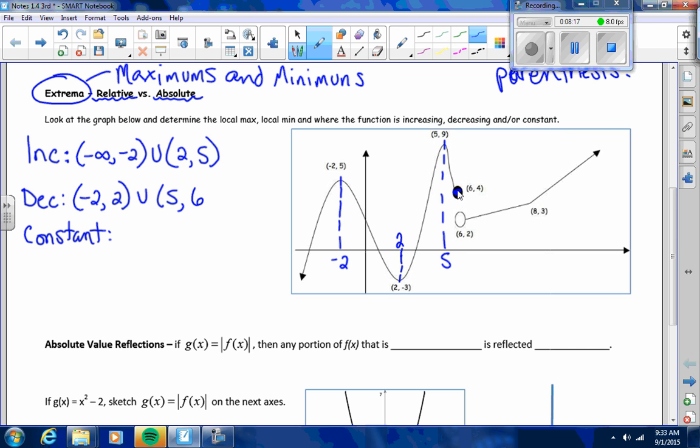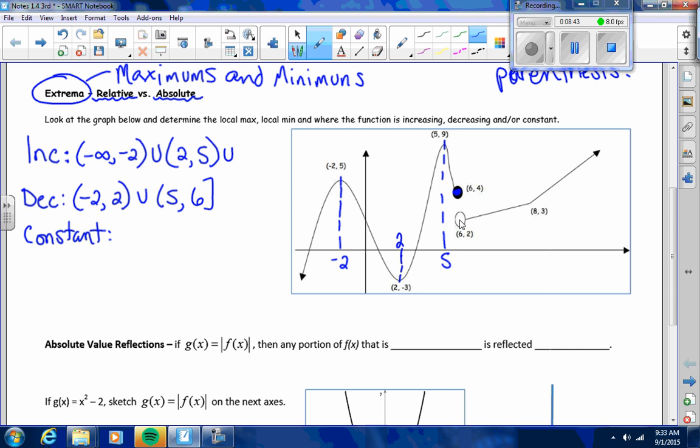A bracket. When it is a closed point and it's coming to a stop with the increasing, decreasing, that's one area we would put a bracket. Okay? Now, what's happening else starting at 6? It's increasing.